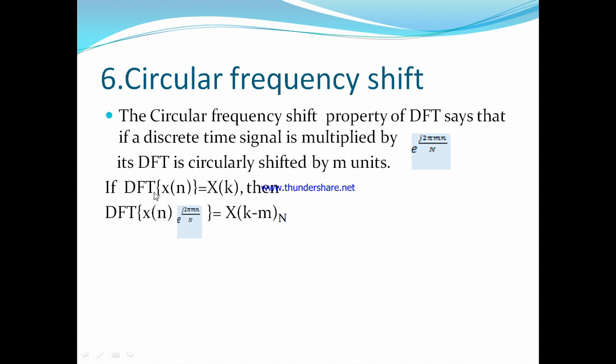That means this is the discrete time signal, and this signal is multiplied by e power j 2 pi m n by N. Its DFT will be X of k minus m. So the DFT is shifted by m. This is the property of circular frequency shift.